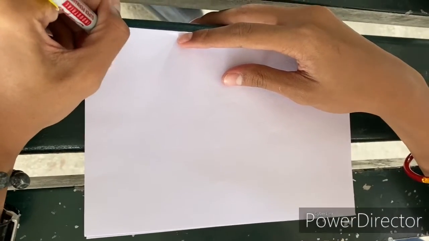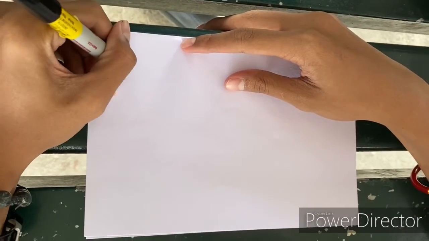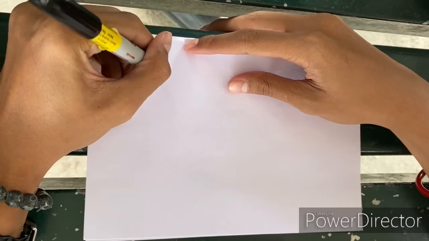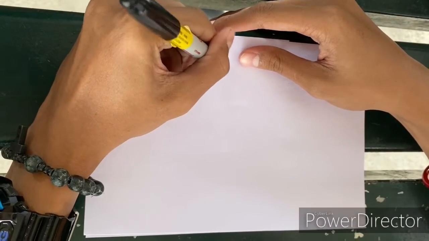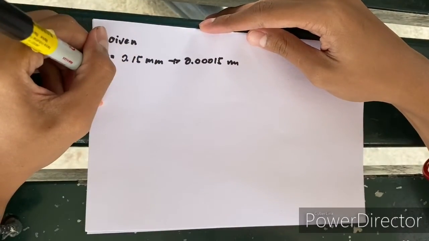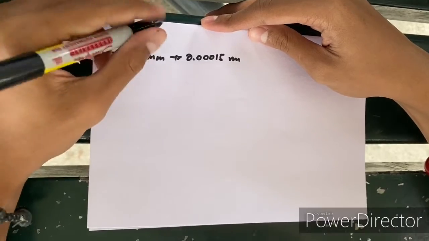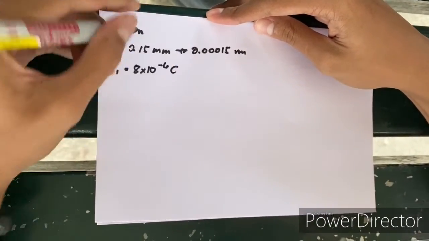Given: radius 0.15 millimeter, convert it to meter. First charge, 8 times 10 raised to negative 6 coulomb.